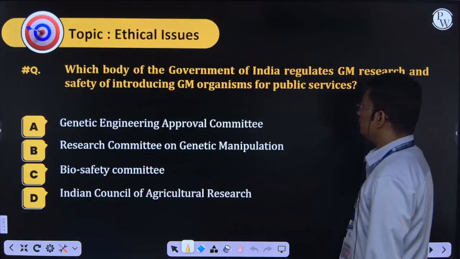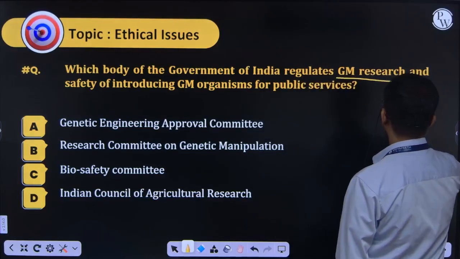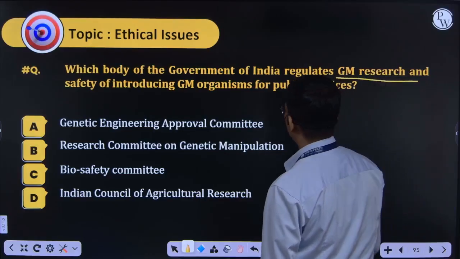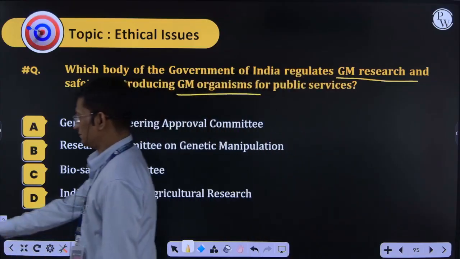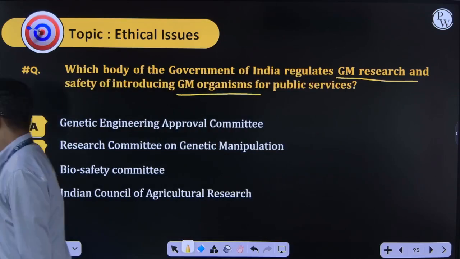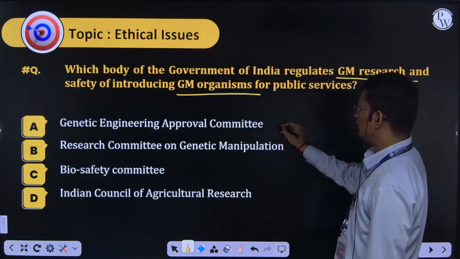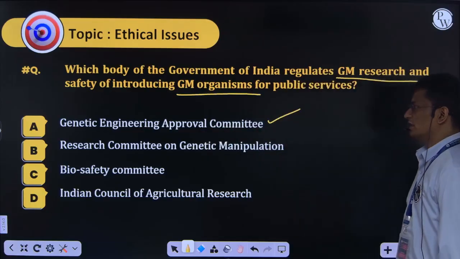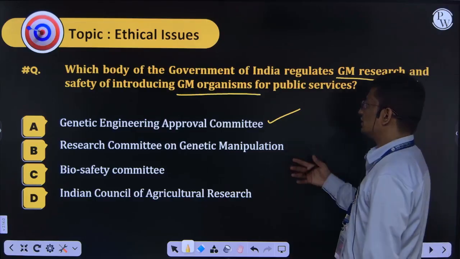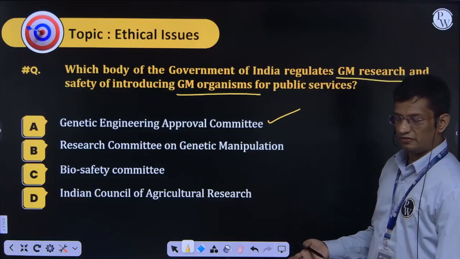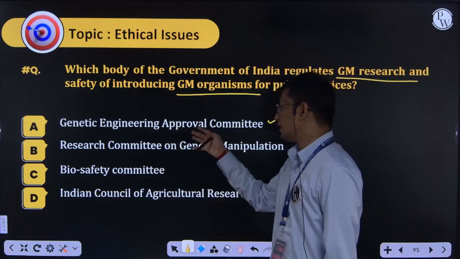Which body of the Government of India regulates GM research and the safety of introducing genetically modified organisms? There is an organization which controls this, the Genetic Engineering Approval Committee. It monitors the ethicality of this research: is it ethical, is there any benefit for human beings?